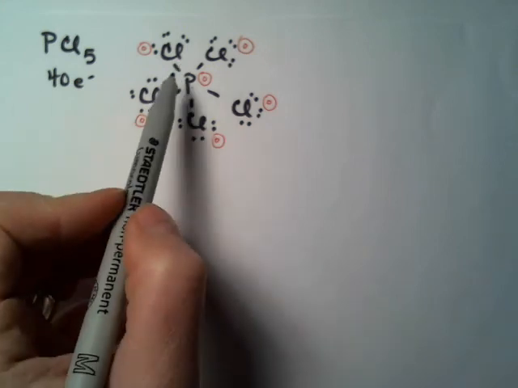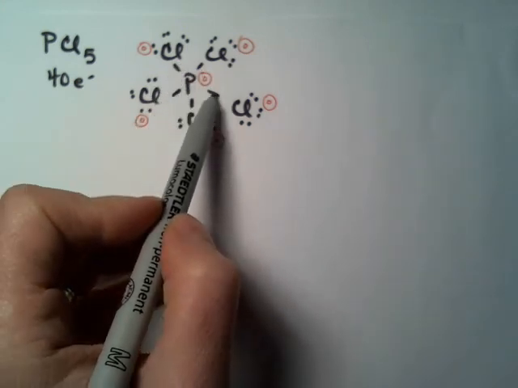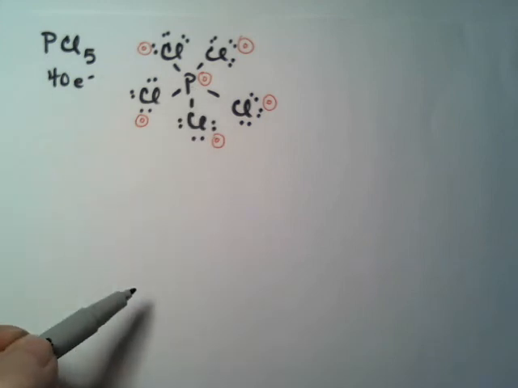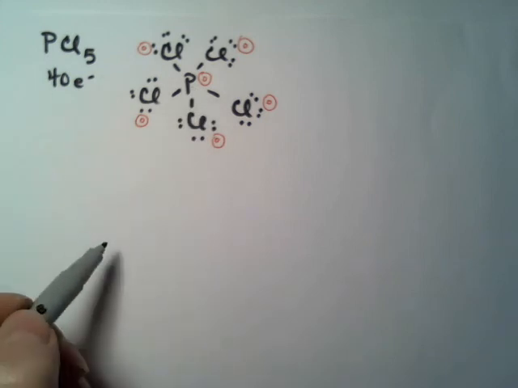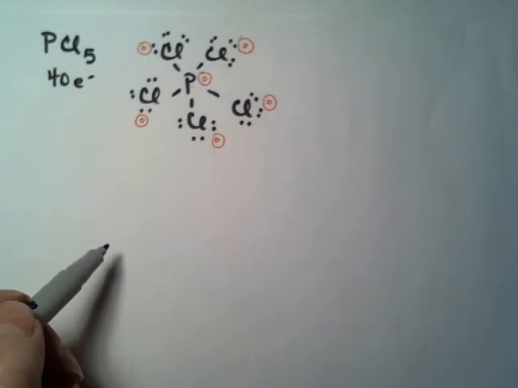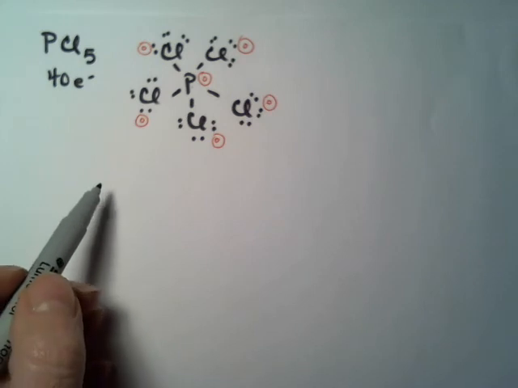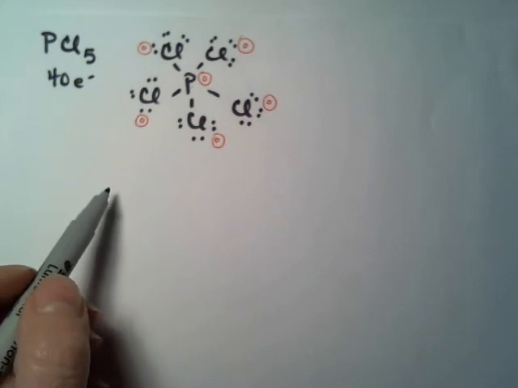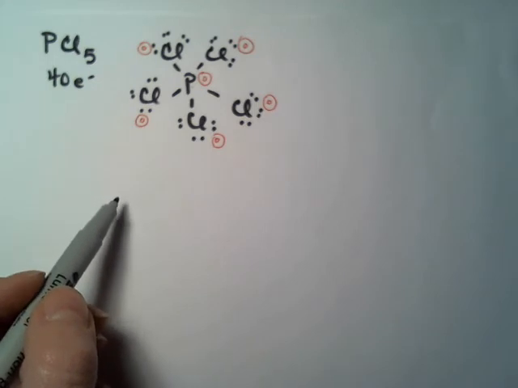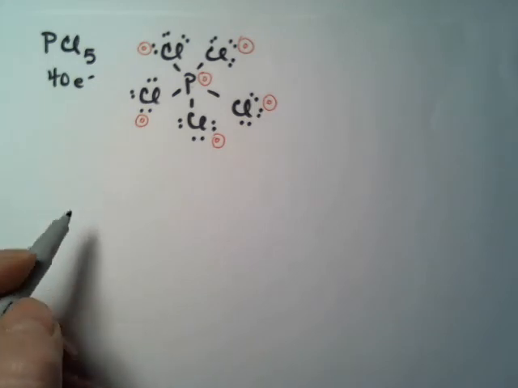So back to the count, 1, 2, 3, 4, 5 electron groups around phosphorus. 5. And so the electron group geometry is, not tetrahedral, there's 5, so what is it? Trigonal bipyramid, right?